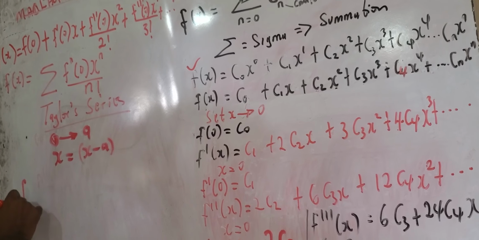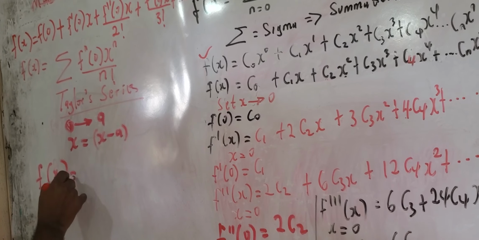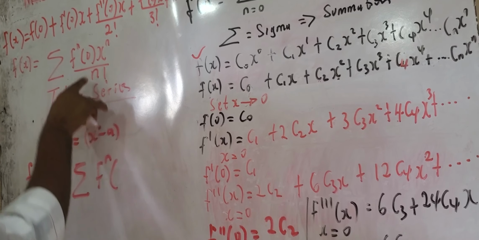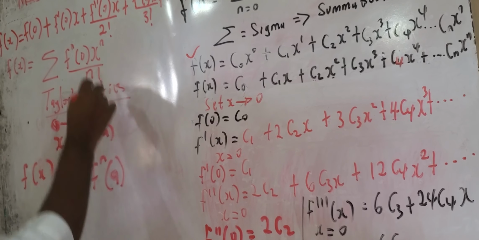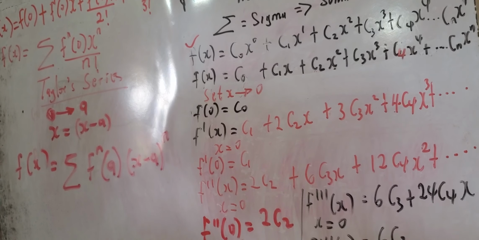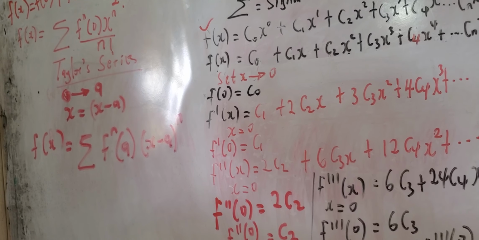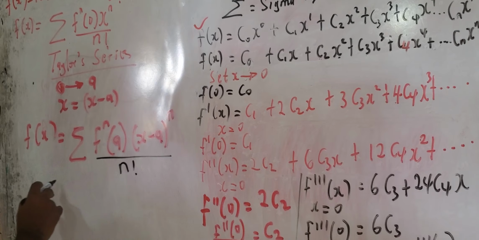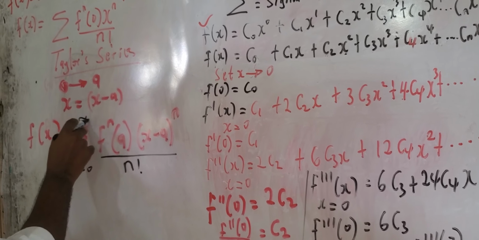So therefore our f of x in this case will become summation of the nth derivative. Instead of 0, put a. Then instead of x, put x minus a, everything raised to power n, all over n factorial. And the summation starts from n equal to 0 to infinity.